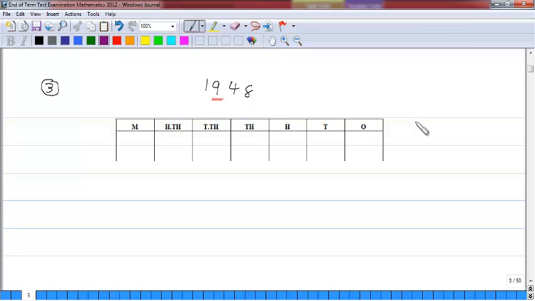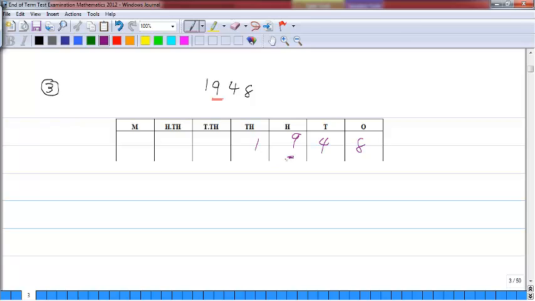Number 3. Number 3 says, which will give the value of the underlined digit in 1948, and the 9 is underlined. So let's fill this into our place value chart or grid, writing our numbers from right to left. So 8 first, then 4, then 9, and 1.